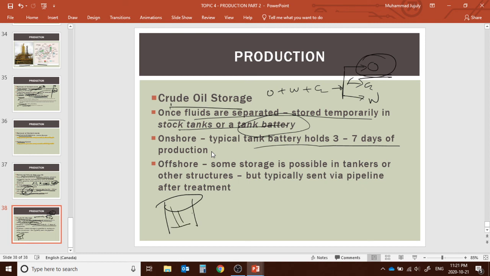If it's near the seashore, then it goes directly through the pipeline to the shore. Otherwise, we use tankers or other types of structures to transport it to the nearest refinery.